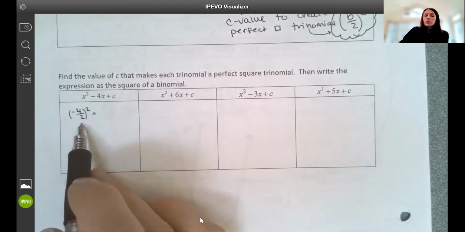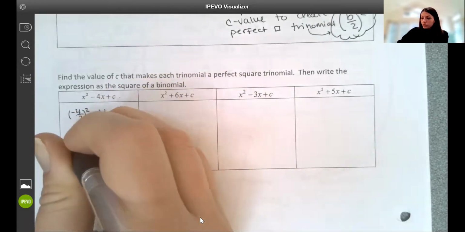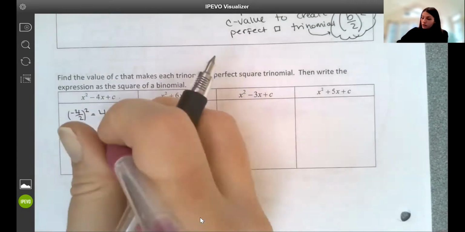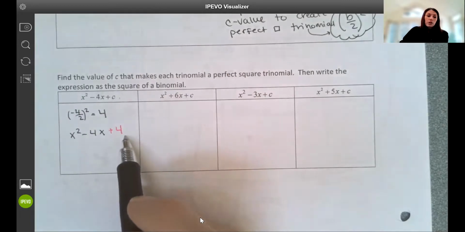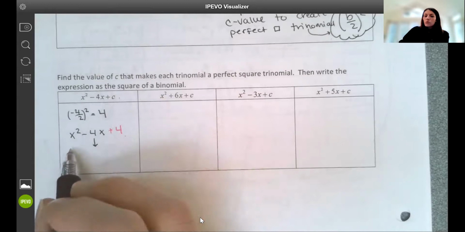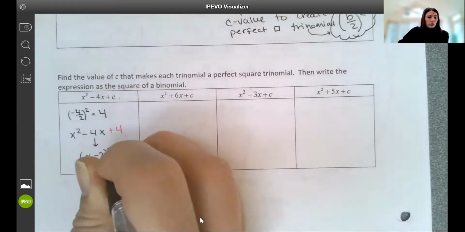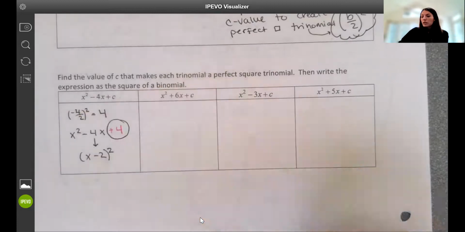So -4 over 2 gives me -2, squared gives me 4. So x squared minus 4x plus 4 would be the C value that I would use there to complete the square, which would then factor into x minus 2 squared, okay? So the C value that I would want there would be +4.